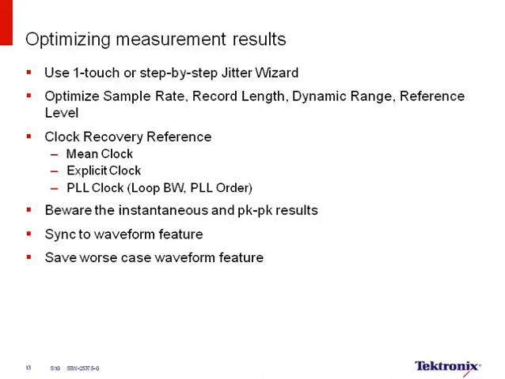Once you've done that, you want to optimize for the highest measurement integrity. So, for example, if you're using a real-time scope, you might need to optimize and set the sample rate. You might need to set up and optimize the record length, the dynamic range, and the reference level.